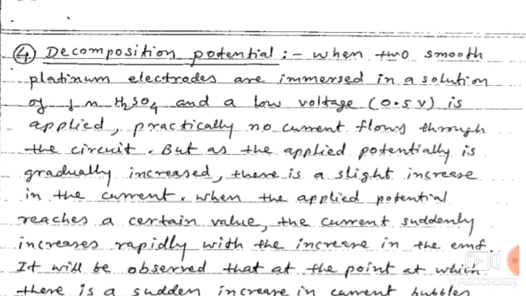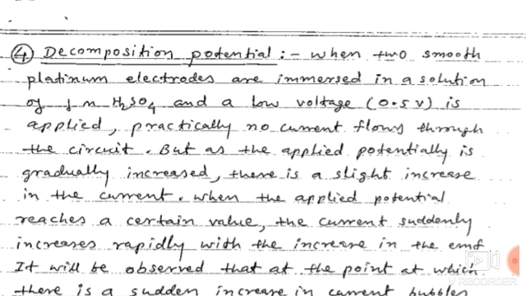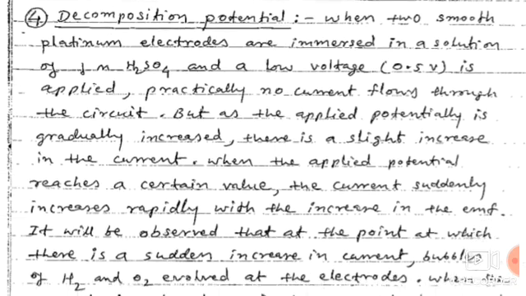But as the applied voltage is gradually increased, there is a slight increase in the current. Then when the applied potential reaches a certain value, the current suddenly increases rapidly with the increase in the EMF.